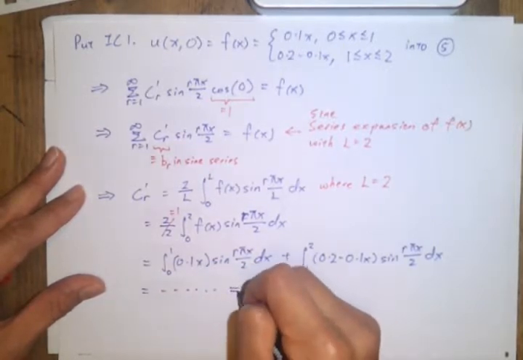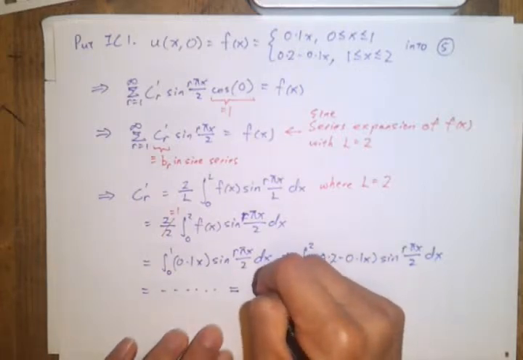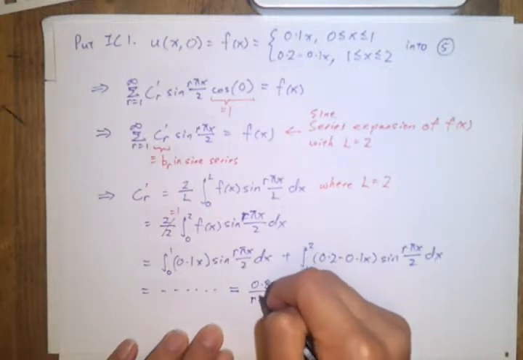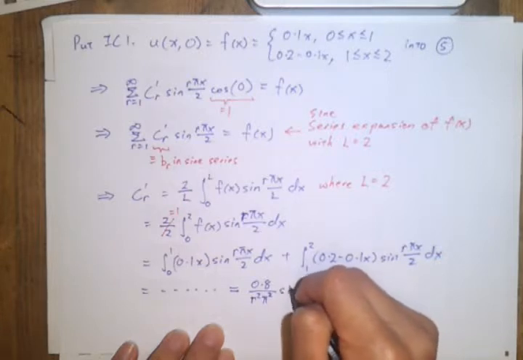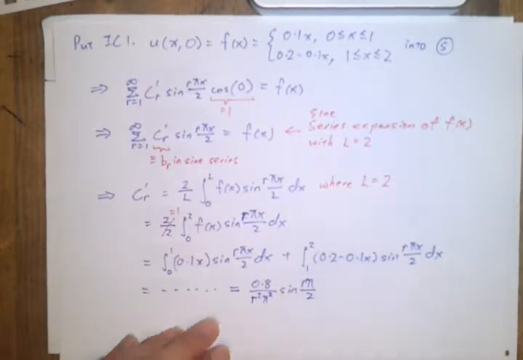After you do the integration, you will find that your C R is going to work out to 0.8 over r squared pi squared times sine r pi over 2.